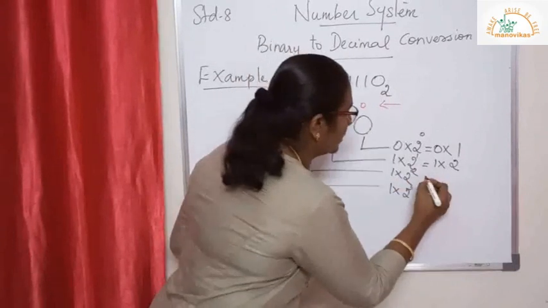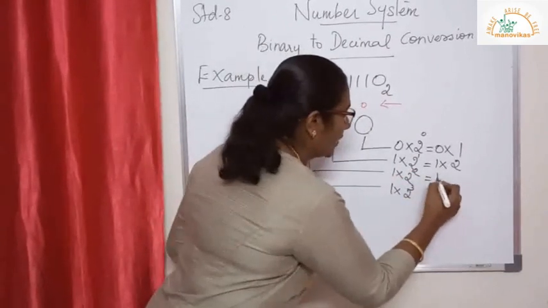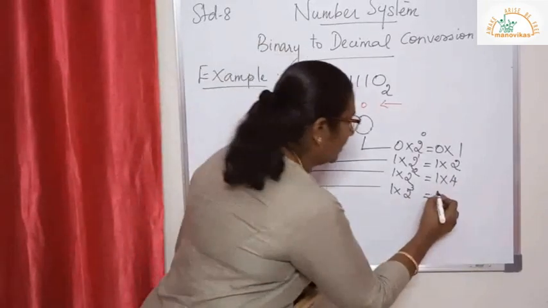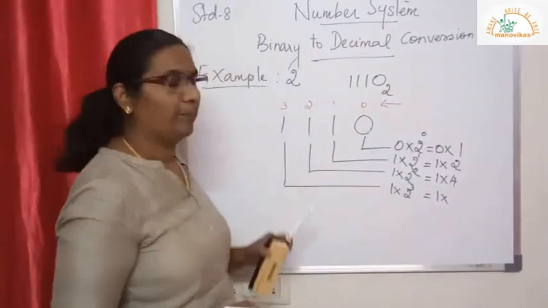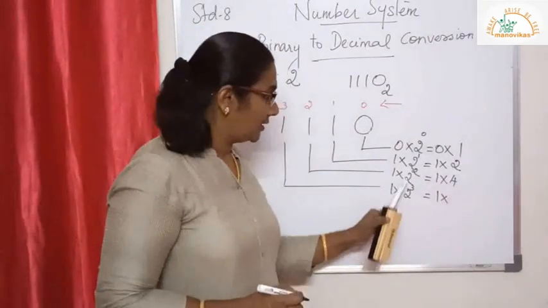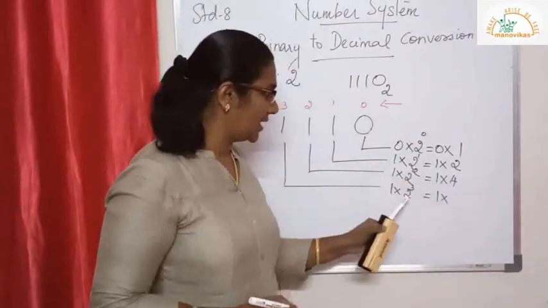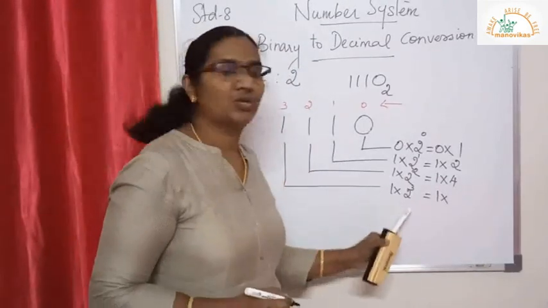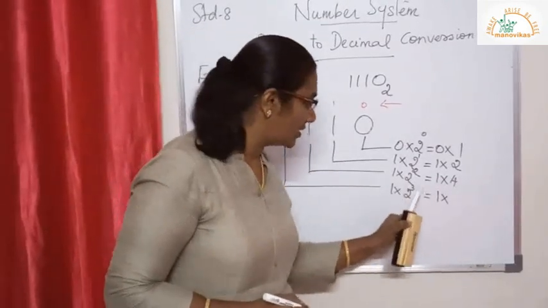1 multiplied by 2 to the power of 2 is 4, and here 1 multiplied by 2 to the power of 3. Here I wrote these things fast and I am just waiting for this. The reason is many children go wrong in this part.